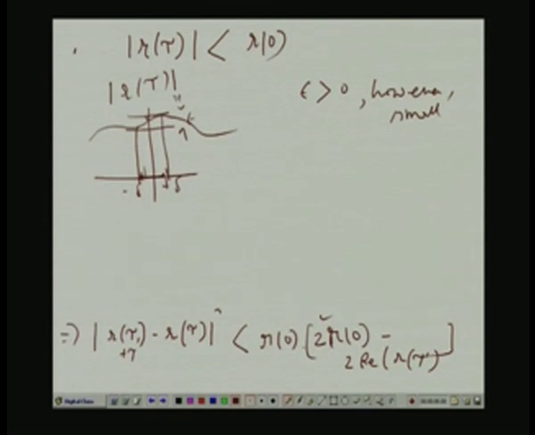So we are plotting mod R tau, and R0 and mod of R0 are the same, because R0 is a real number. So mod R tau is a function which is given to be continuous at tau equal to 0. That means around tau equal to 0, I can find a neighborhood where all the values of mod R tau are very close to mod of R0, that is simply R0. Very close means within epsilon, for a given epsilon however small.